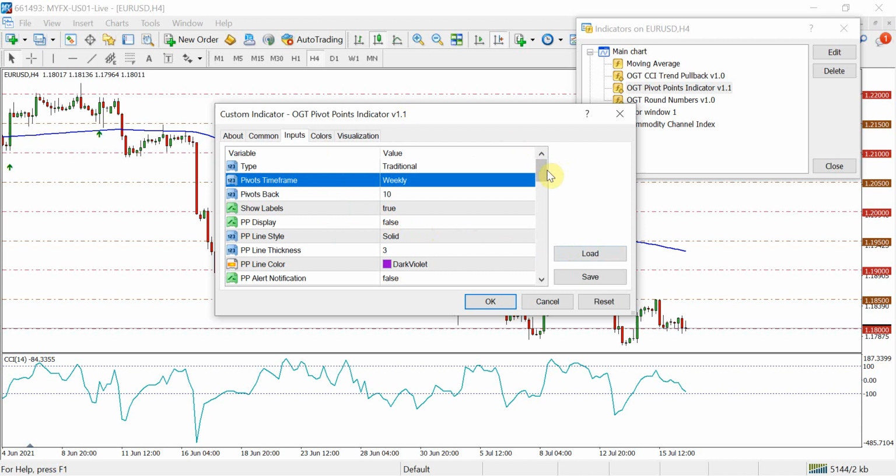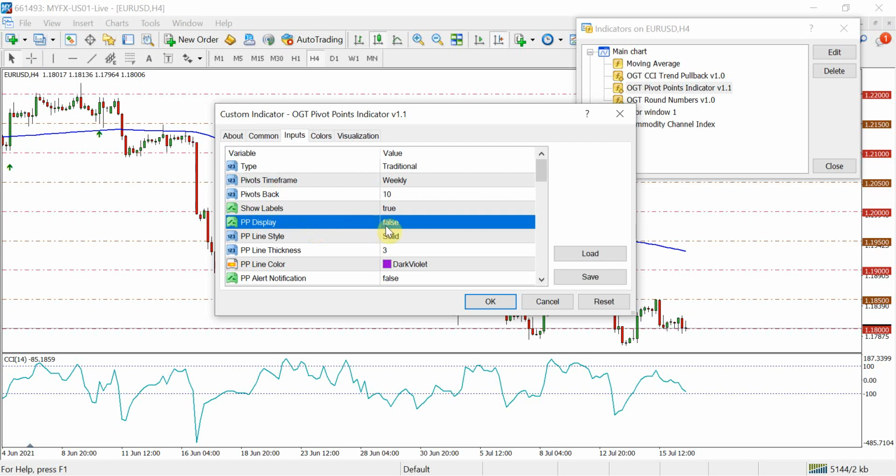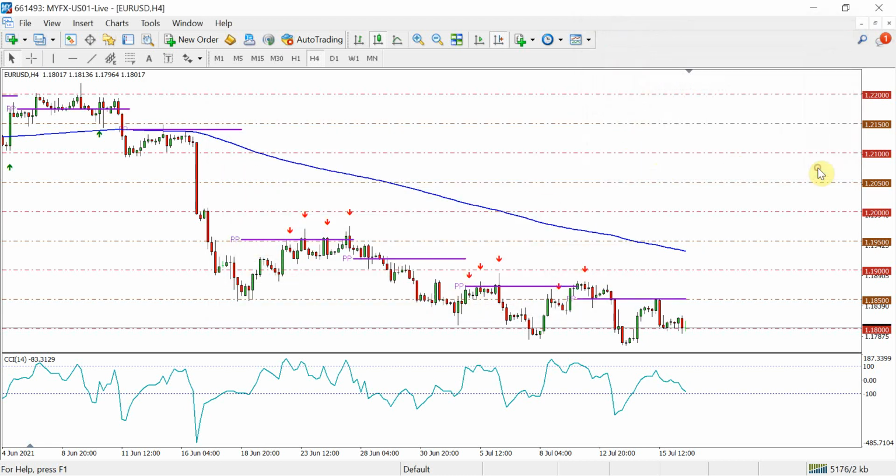There are a lot of settings inside here, but I like to just display the pivot point. I'm only showing the last 10 bars back, but it doesn't matter in this example. So you can see it's printing the weekly pivot of the last 10 weeks.